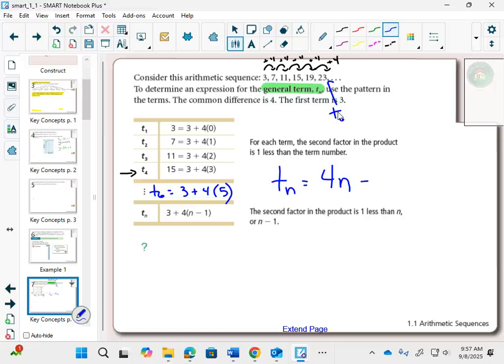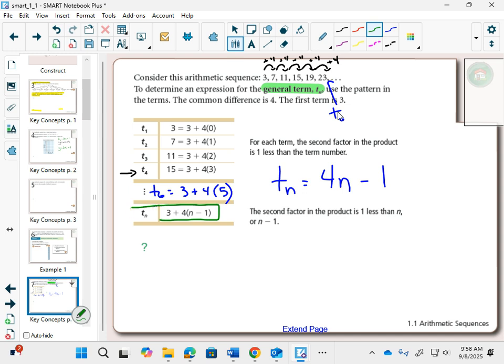What would make it work to make 23 would be subtracting 1. And if I do that for one of them, I could double check it, like check term 4. Term 4 is supposed to be 15. Does this work? For term 4, if I do 4 times 4 minus 1, do I get 15? Yes.